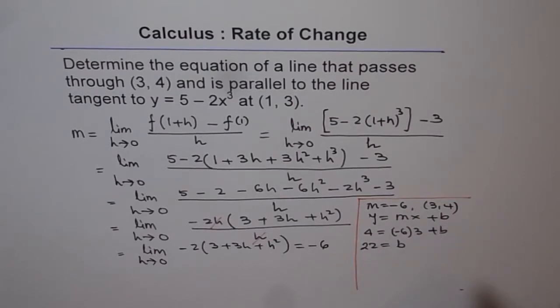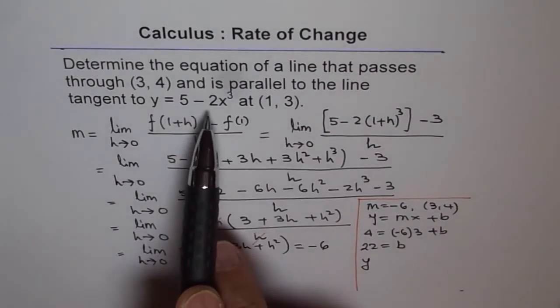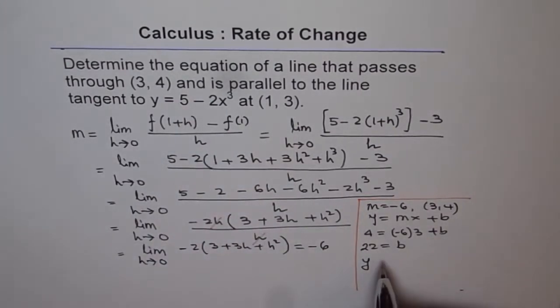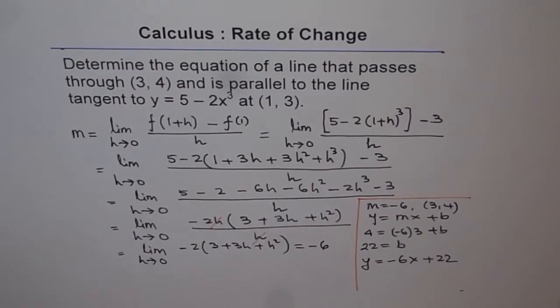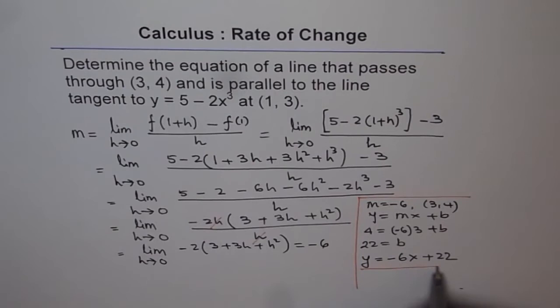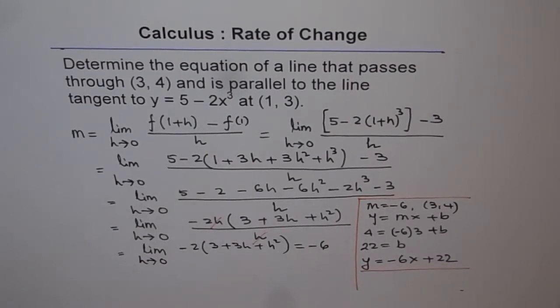And therefore, the equation of this line, whose slope is the same as the tangent to this curve at (1, 3), is y = -6x + 22. So that becomes our answer, right? The equation of the required line is y = -6x + 22.